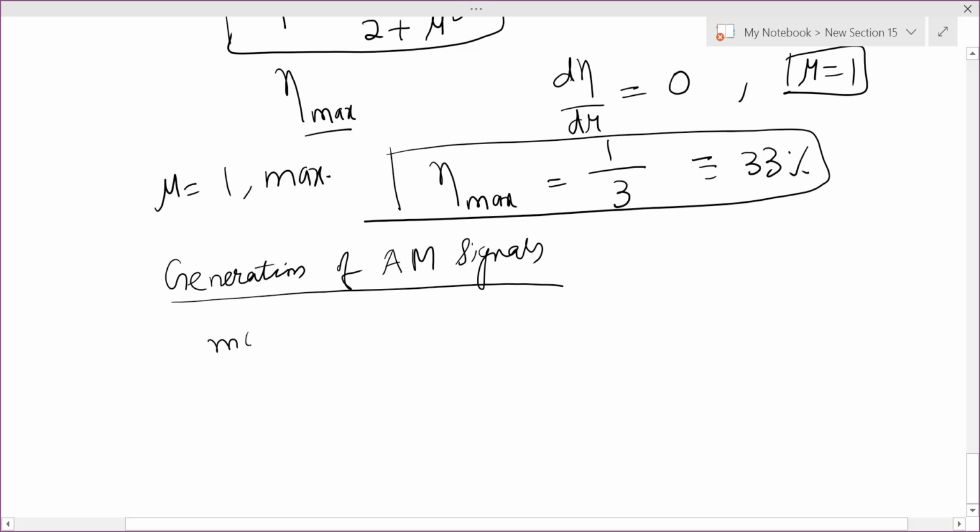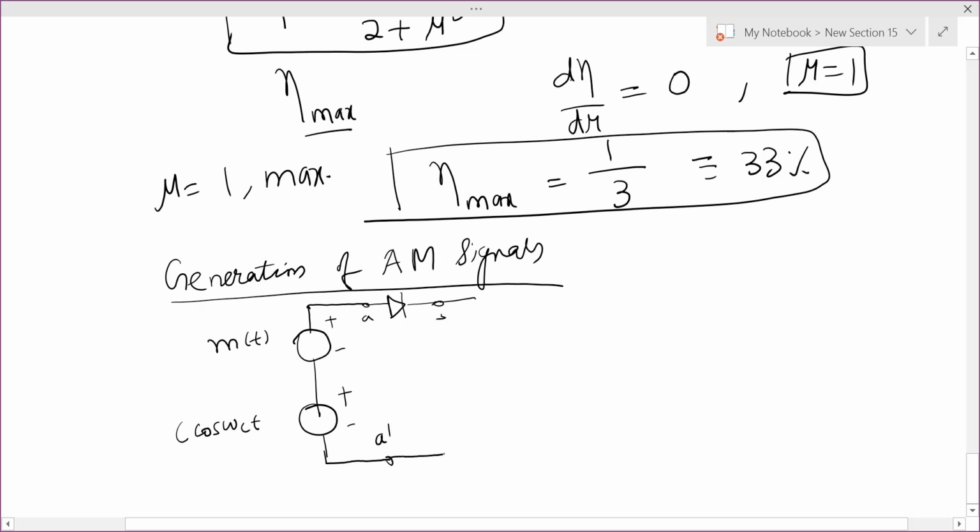There will be a message signal fed here, and a carrier, say C cos omega c t, here. Both are added with plus signs. Here I put a switching device, a simple diode, between A and B. This I call E dash, and this I call B dash, and there is a parallel shunt resistor here.